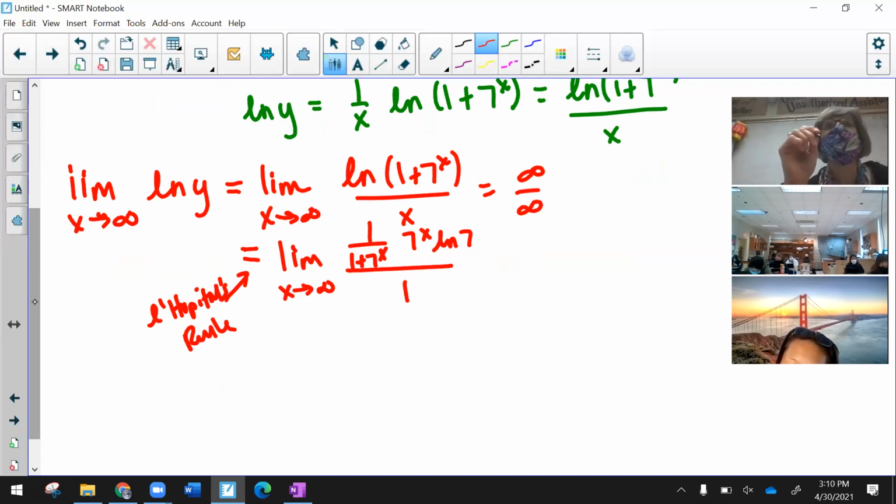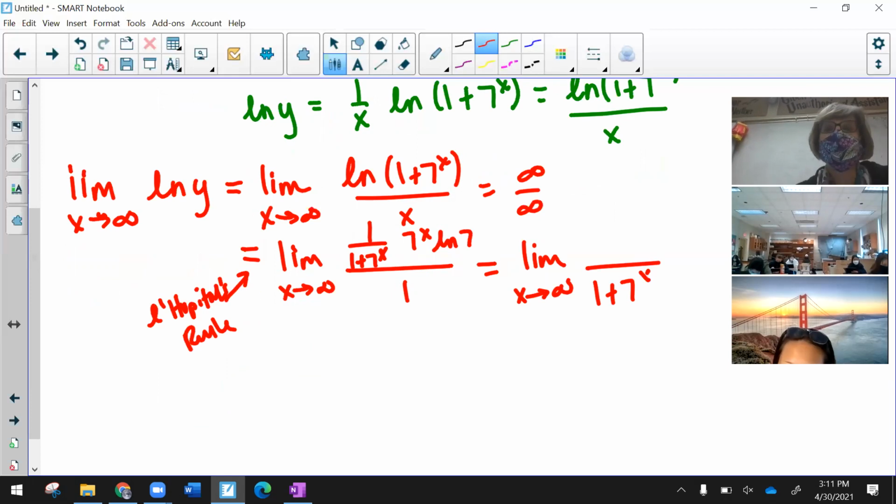That formula, the derivative of a to the x, might be one you want to look up this weekend. So I'm going to rewrite this a little bit. I've got my limit as x goes to infinity of 7 to the x times the natural log of 7 over 1 plus 7 to the x. I'm not saying it very well, but I've written it correctly.